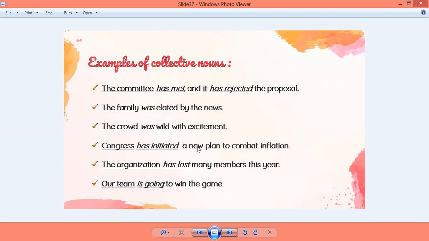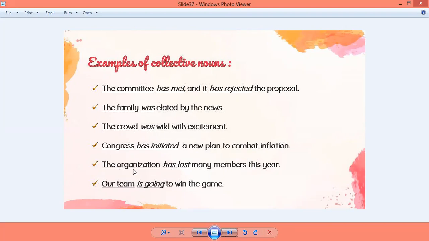Congress has initiated a new plan to combat inflation. Inflation से लड़ने के लिए कांग्रेस ने एक नया प्लान इजाद किया है. So has is used over here because Congress matlab group of people. The organization has lost many members this year. Organization ने बहुत सारे members खो दिए हैं.